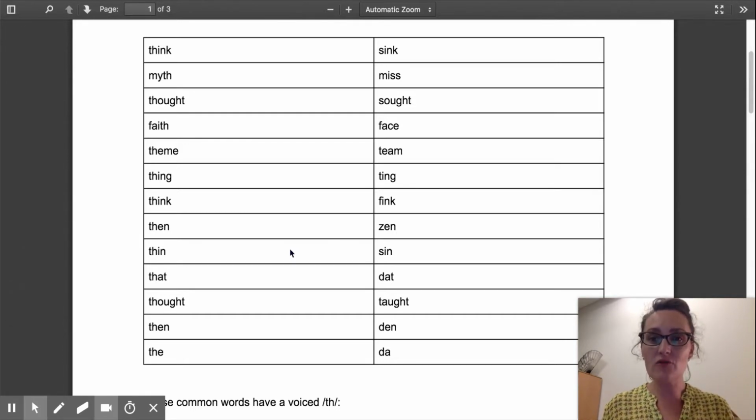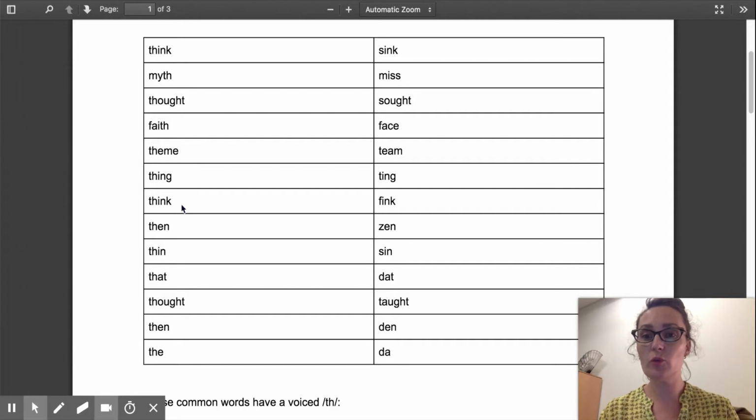That's why, for example, with the word think, maybe the person's language doesn't have TH, but they have another sound using your teeth. It's not using your tongue, it's using your lips. So in English, we have both, but for this person coming from that language, that is the closest sound they have to TH.